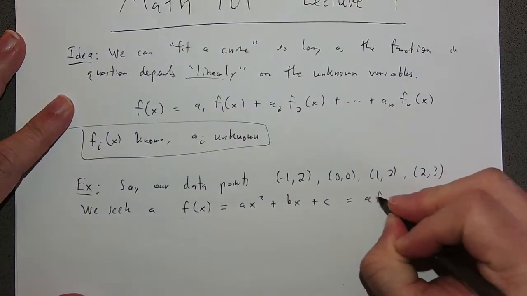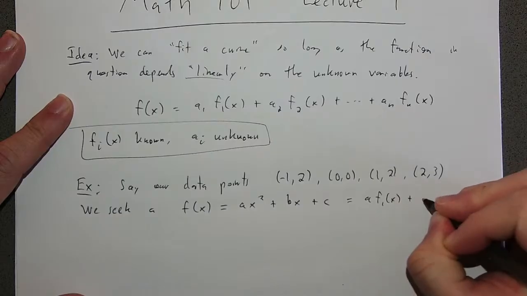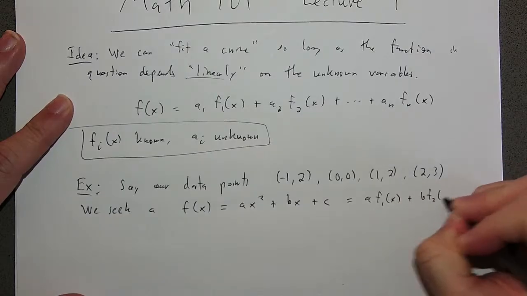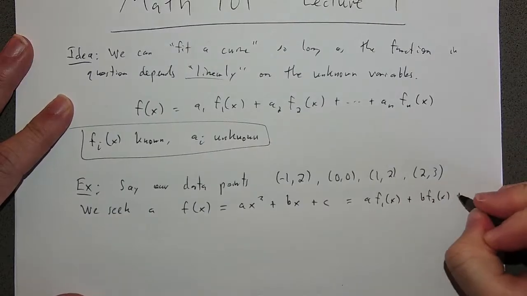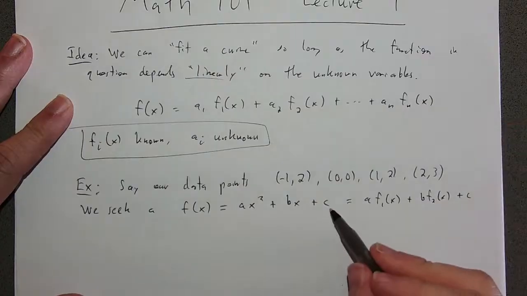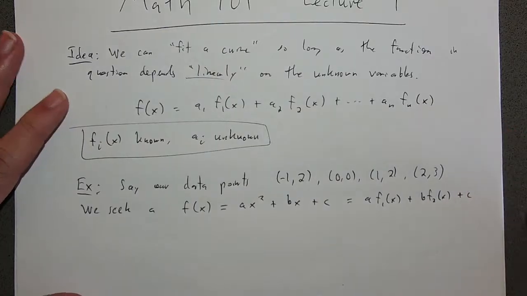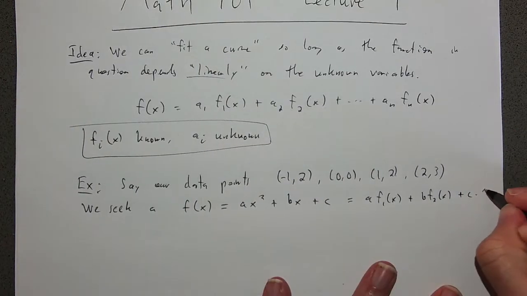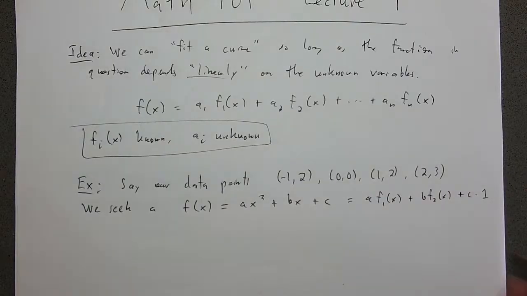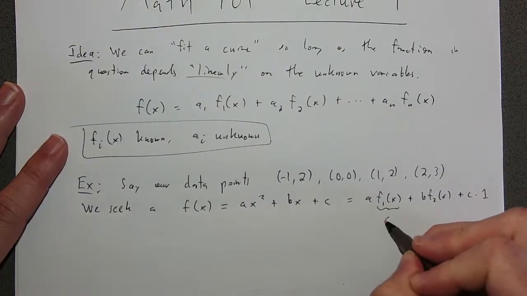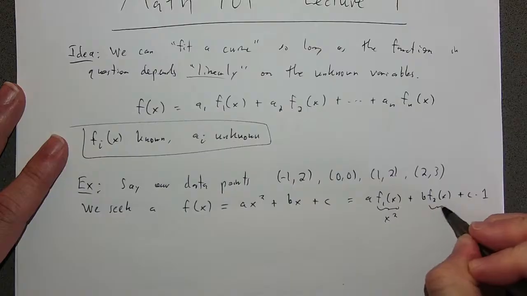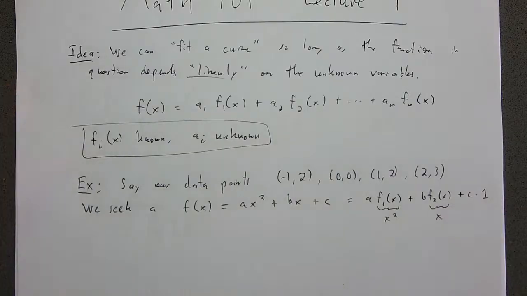This is a f1 plus b f2 plus c times a constant function, if you like, which you could call f3. It's just times the constant function 1 here. This is the function x squared, and this is the identity function x. Okay. So this does in fact fit this thing.